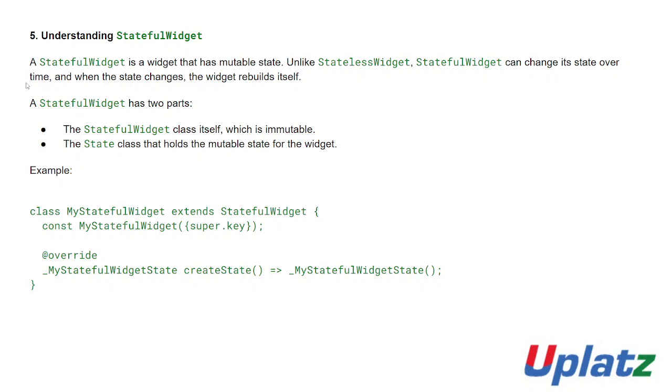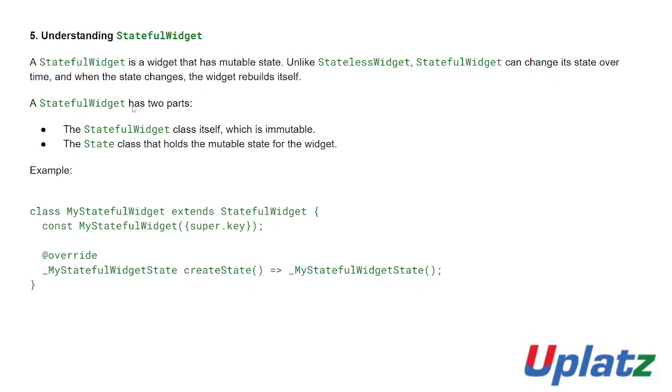If you know React, it has a thing like this. When state is changed, then you have to rebuild that class or that function or that component. Here is the same thing.